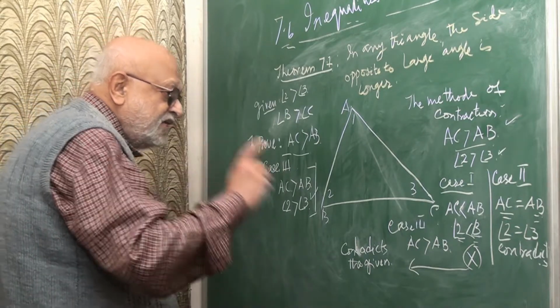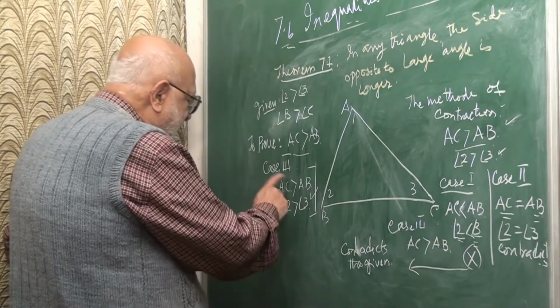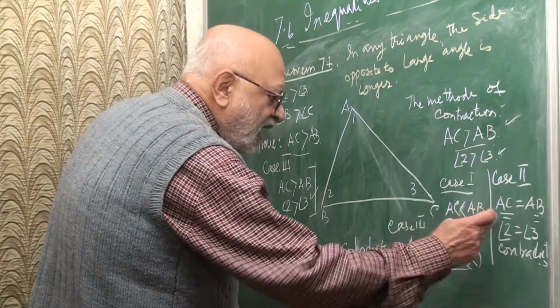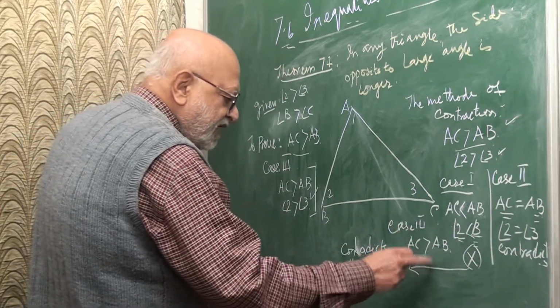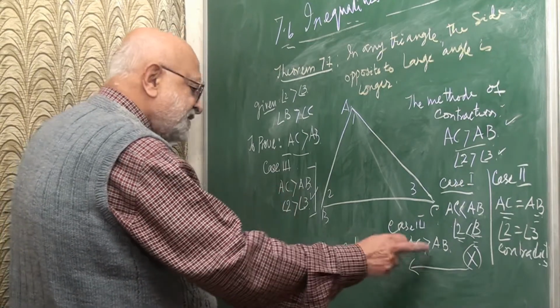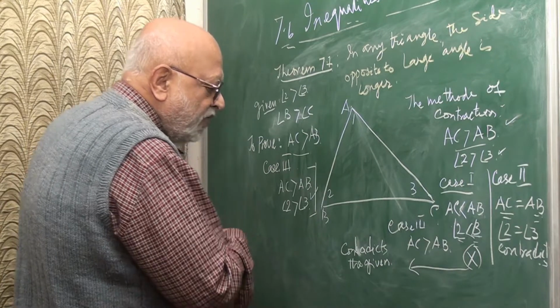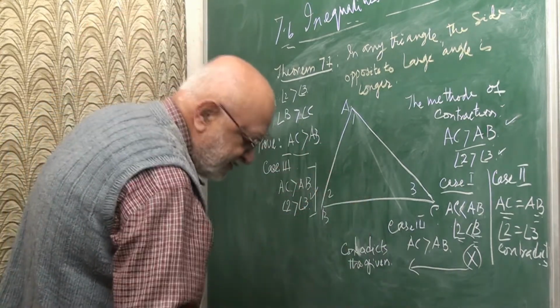We considered case 1, case 2 and case 3, and there is no other possibility. Either this should be smaller, equal or greater. Those are the three possibilities we have taken. I have taken this one here, which is the same repetition, in order to utilize the space of the board. So I hope there is no problem in understanding this.